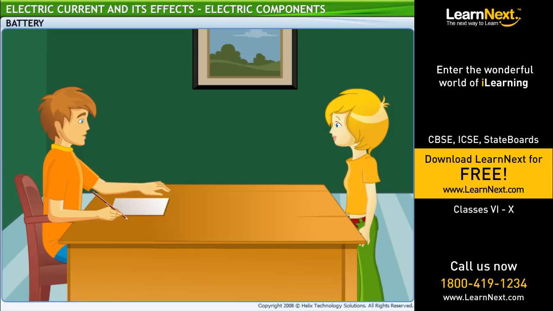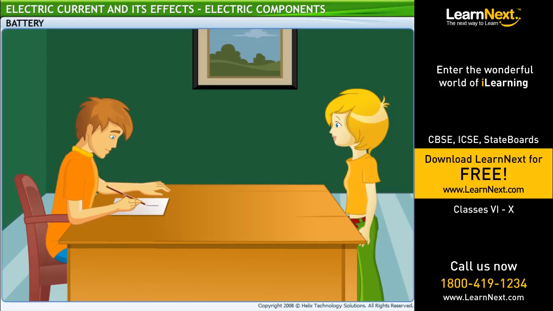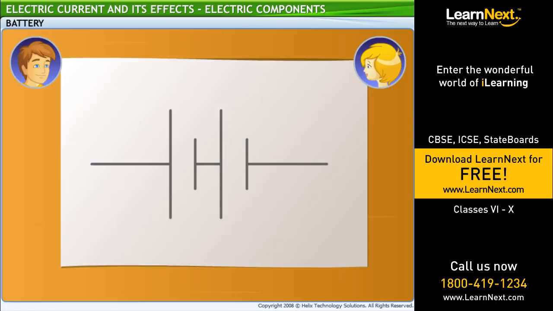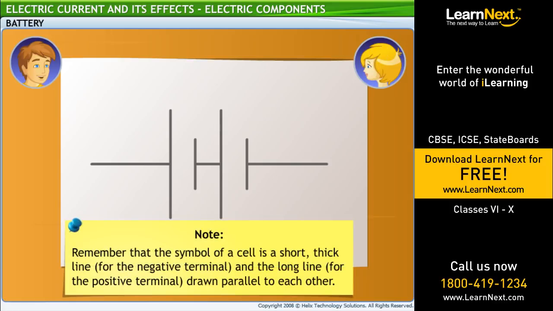Let's see if you're able to recognize the next symbol that I draw. That looks like the symbol for many cells connected together. That's good, Tina. This symbol does show many cells connected together, and it is a symbol for a battery.